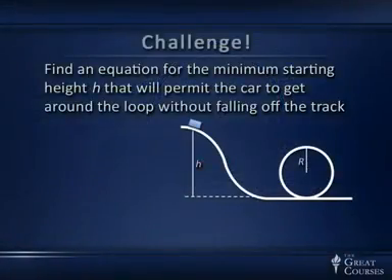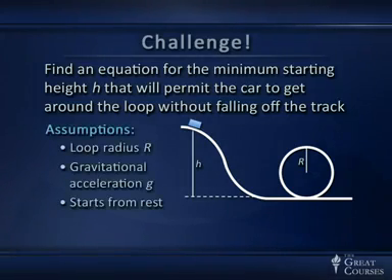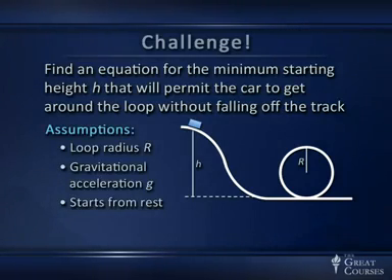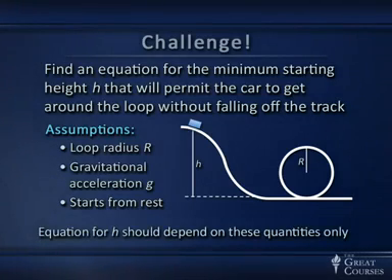So I would like you to find an equation for the minimum starting height h in this picture that will permit the car to get all the way around the loop without falling off. And we're going to make the assumption that the loop has a radius capital R, that the gravitational acceleration is g, and that the car starts from rest. And your equation should depend on these quantities only. That's going to take you a while to work out, so press pause or stop for a little while and come back and I'll give you the answer.